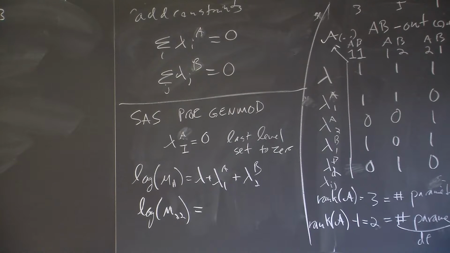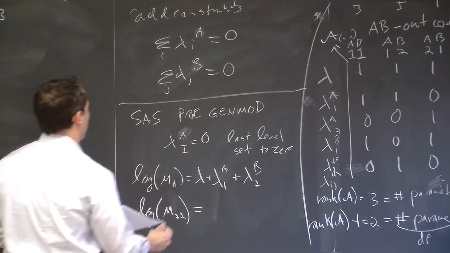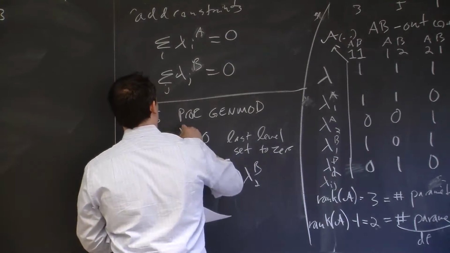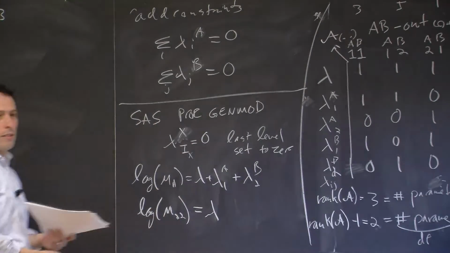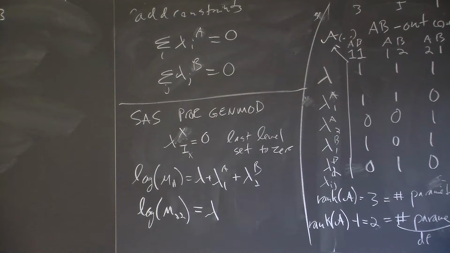In this 2 by 2 case, if we set the last level to 0 to simplify our equations. Does it only set the last level of A to 0 or the last level of each? Let's put x there. X, yeah, that's right. So it's just lambda. And that's just a convention.